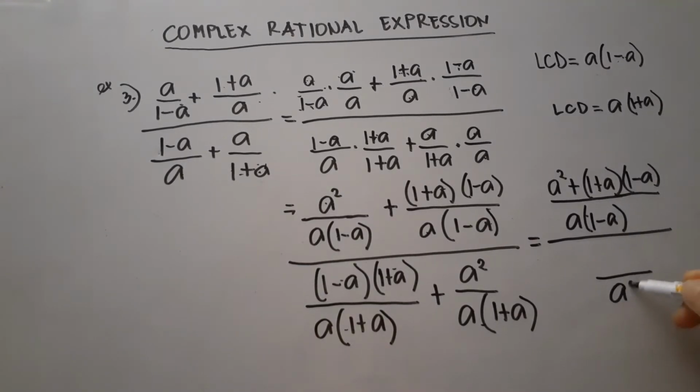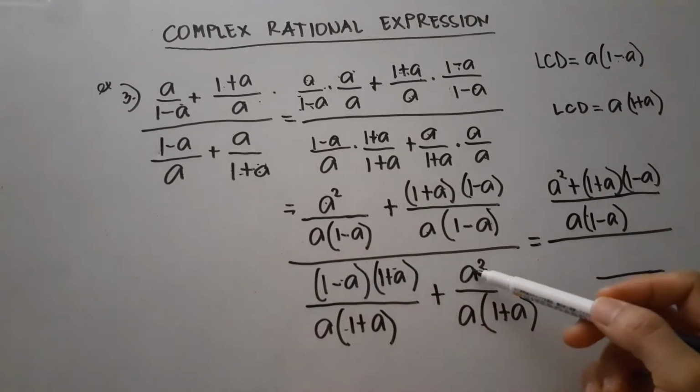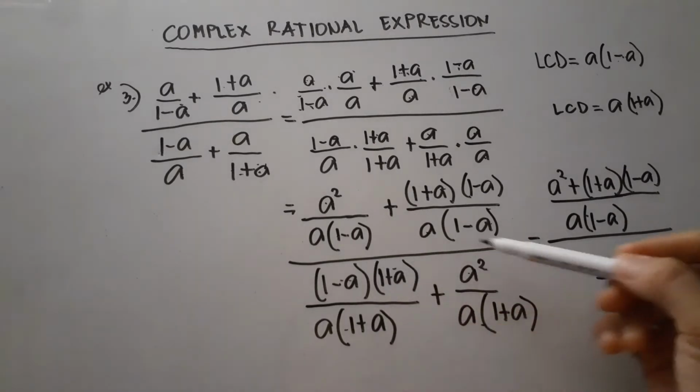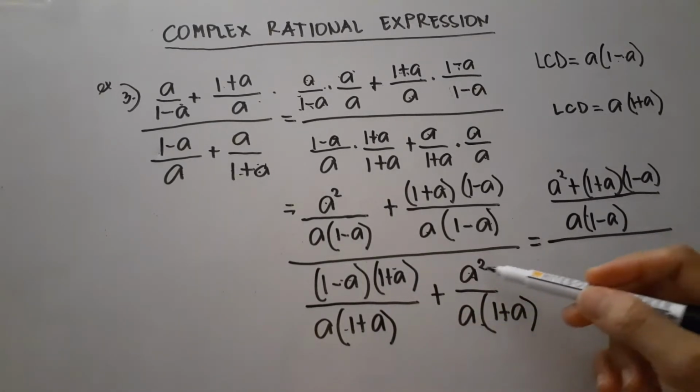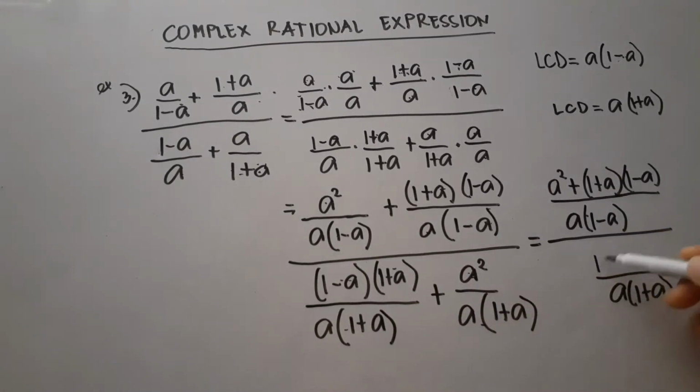We have the denominator a quantity 1 positive 1, and then we can copy only this one, so we have 1 negative a, 1 negative a quantity, and quantity 1 positive a plus a squared. This is all together.